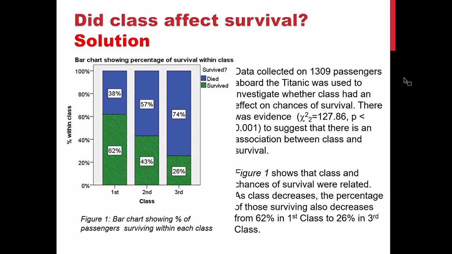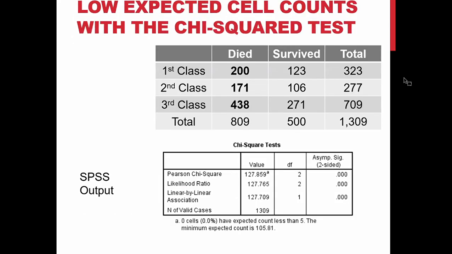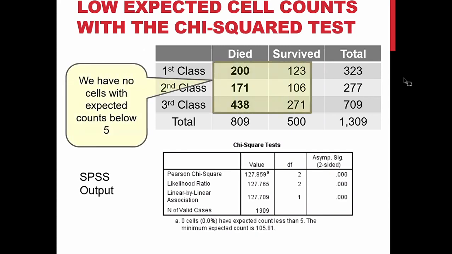So let's continue. Next slide. The low expected cell counts with the chi-squared tests. Look, we have no cells with expected counts below 5, because in a chi-squared test there should be no count less than 5 in the cells.